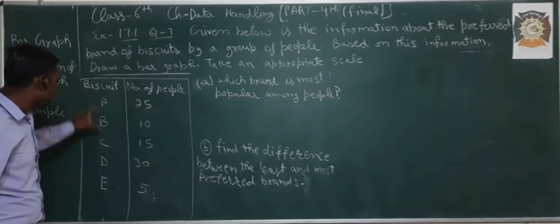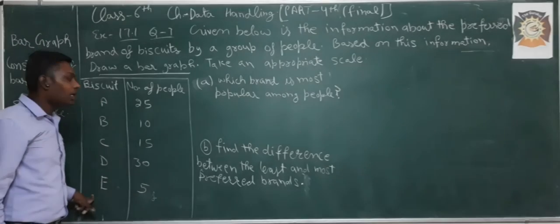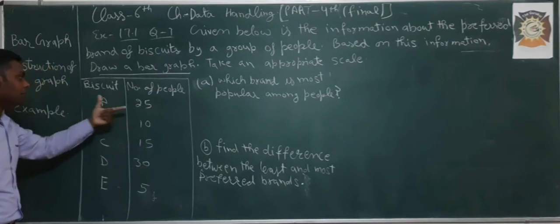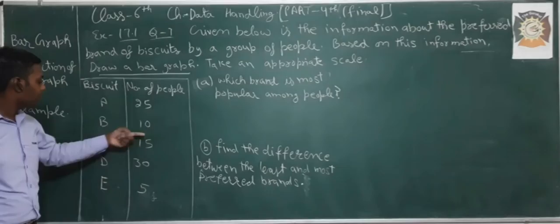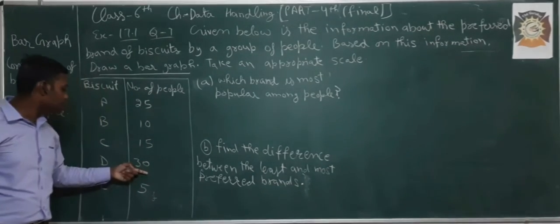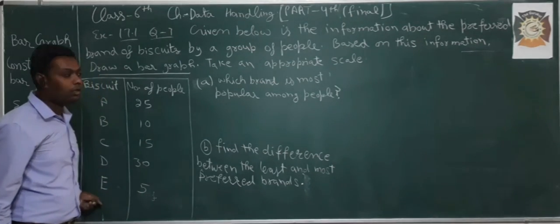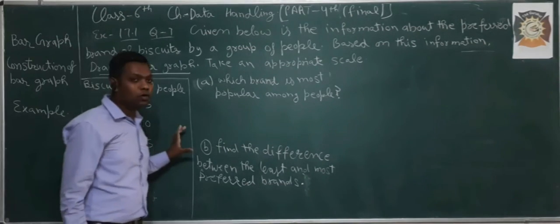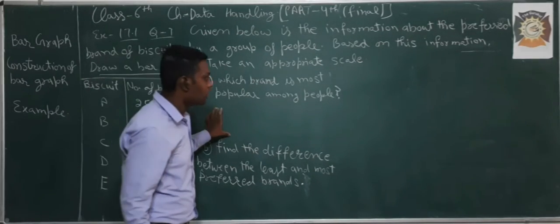First of all, read the information. The biscuit brands are five brands: A, B, C, D and E. The number of people who like brand A is 25, brand B is 10, brand C is 15, brand D is 30, and 5 people like brand E. After drawing the bar graph of this data, we have to answer two questions also.